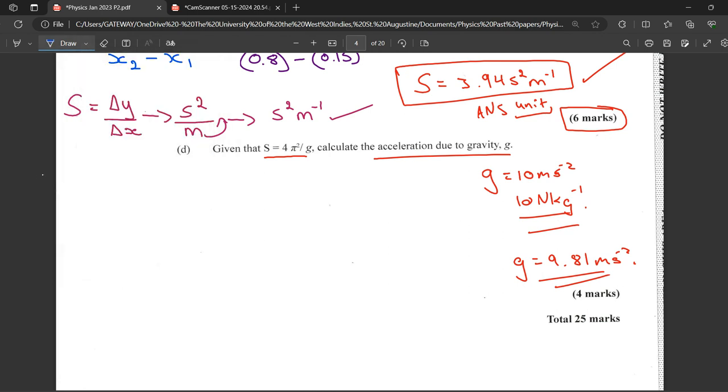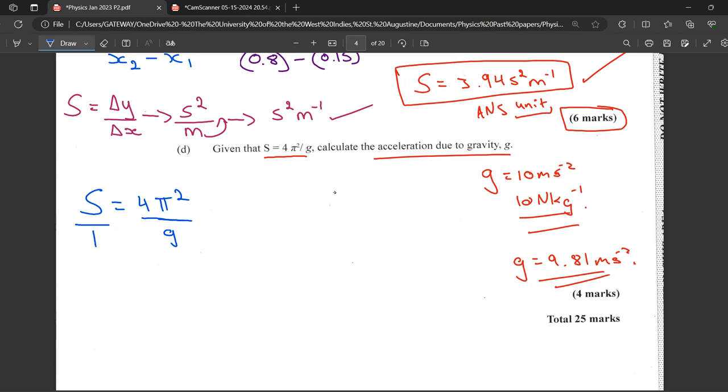So we know that they tell us s is equal to 4 pi squared all over g. You could write that a lot better, right? Anyway, 4 pi squared all over g. So you want to solve for g. So I can write s as a fraction, s over 1.